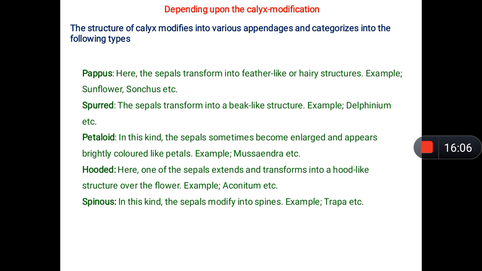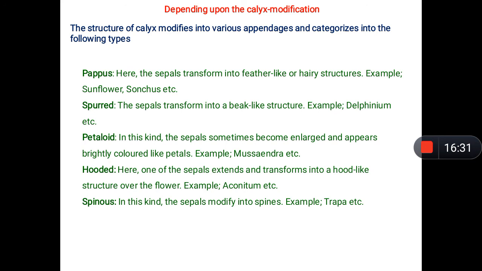Hooded: here one of the sepals extends and transforms into a hood-like structure over the flower. Aconitum is one of the best examples. Lastly, spinose. In this kind, the sepals modify into spines, that is in Trapa.